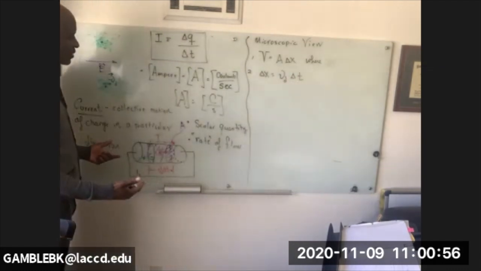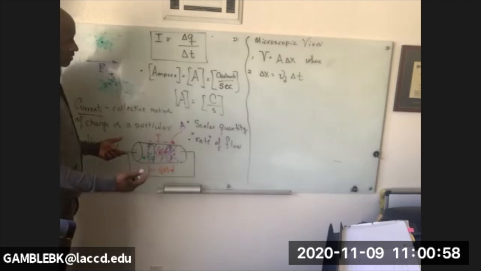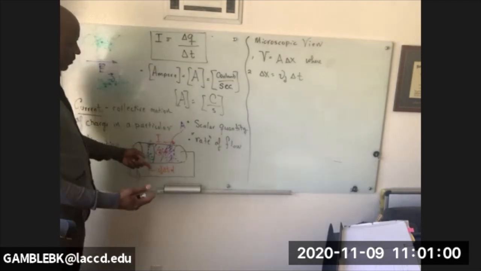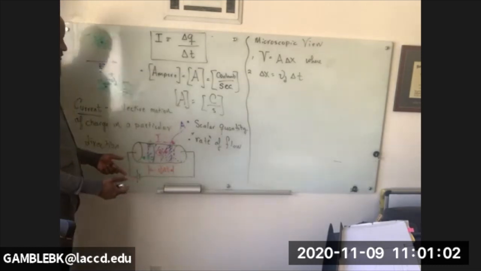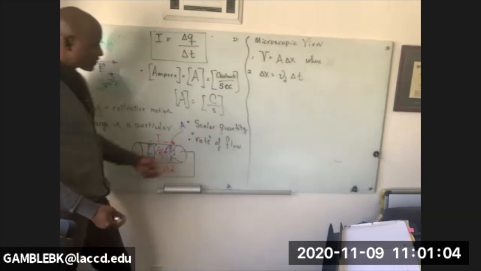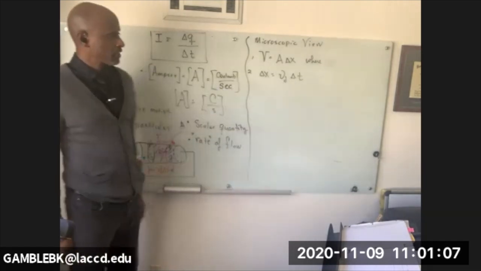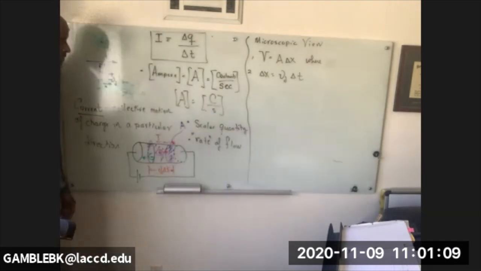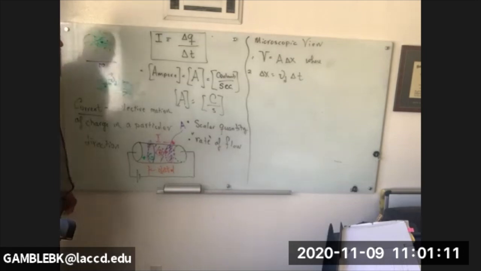Speed is the magnitude of velocity, so I probably should refer to it as a drift speed, because I'm not putting any vector signs on it. It's just the magnitude. That terminology is usually used because the negative charge has a velocity opposite to that of the positive charge.